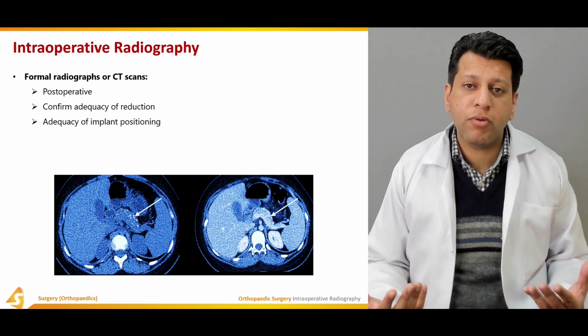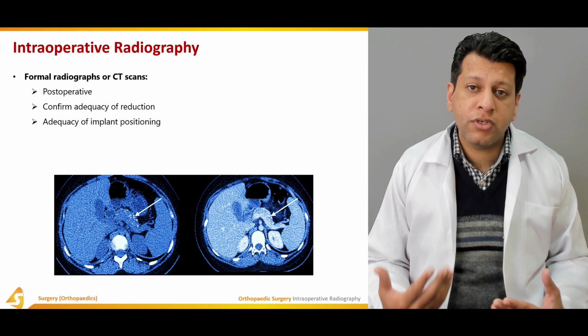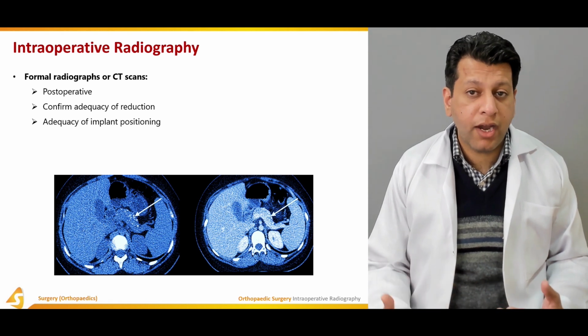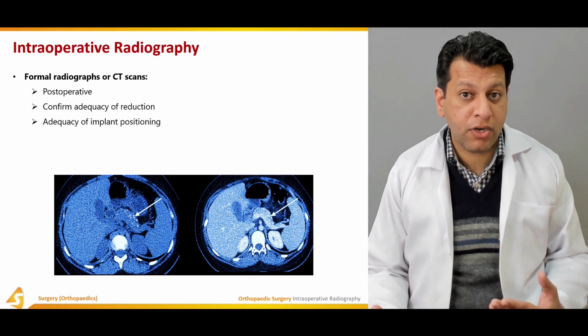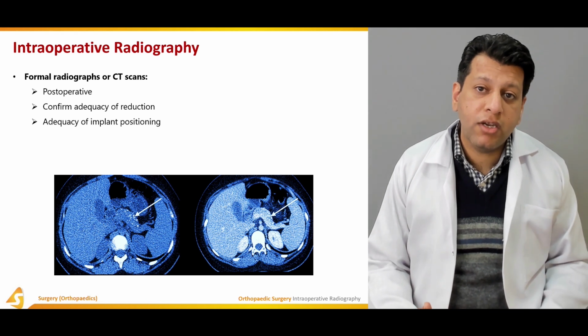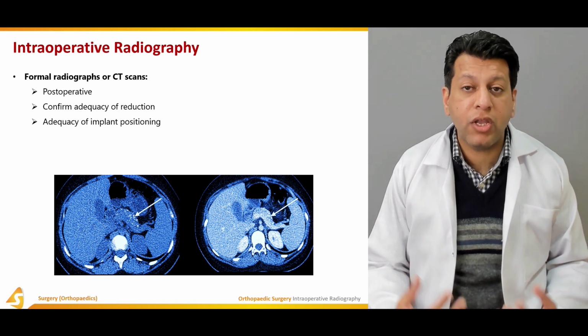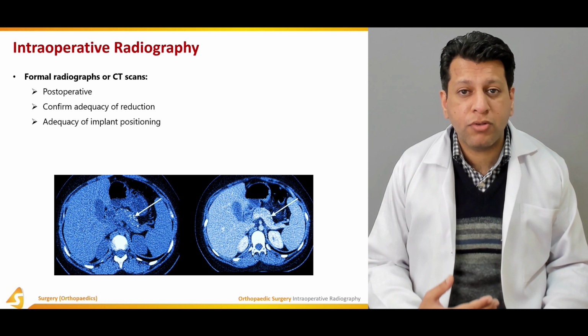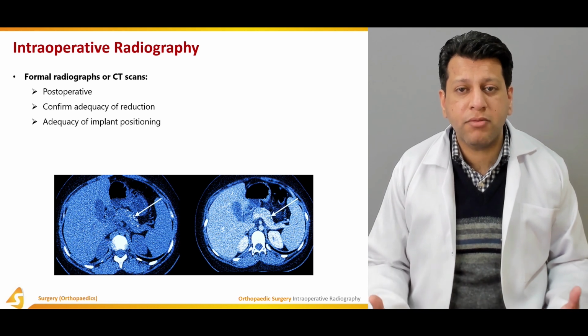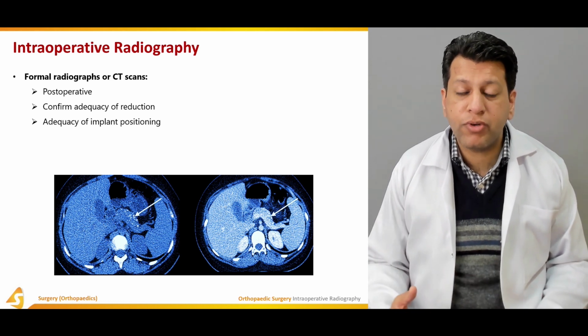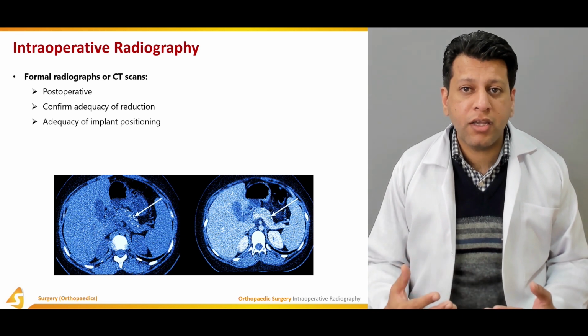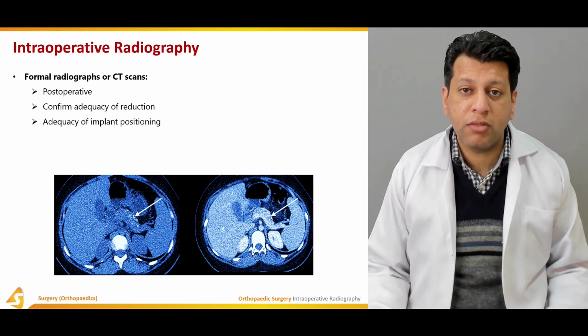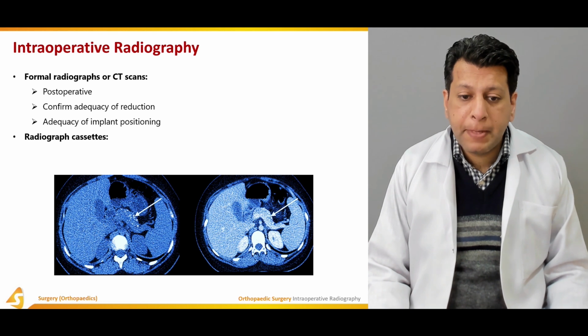That plaster will prevent the surgeon from properly evaluating whether the head is reduced in the acetabular cup or not. Therefore, we need CT to evaluate exactly, because plaster of Paris overshadows the critical areas, and we are not able to evaluate the bone alignment properly.